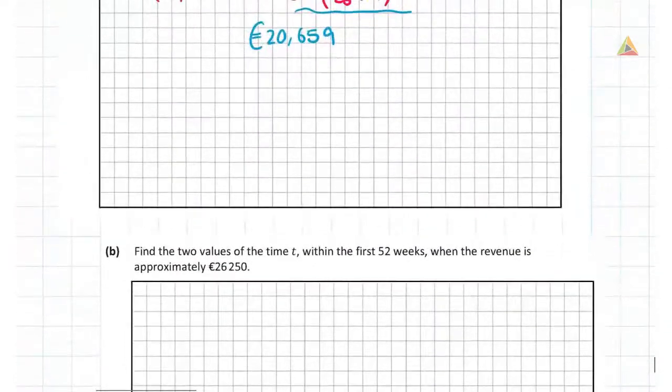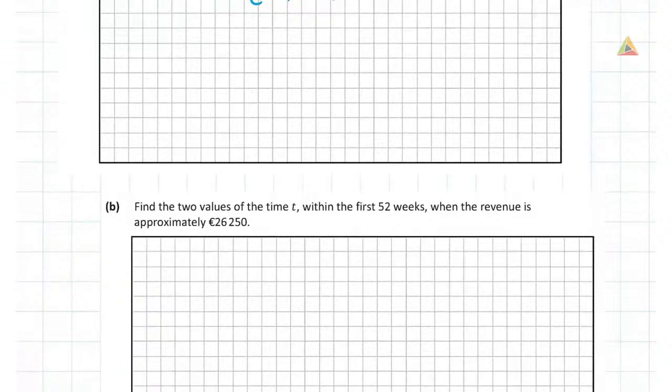So part 2: find the two values of the time t within the first 52 weeks when the revenue is approximately 26,250. So we're looking for t, the question mark if you like, and they're telling me that this is my revenue.